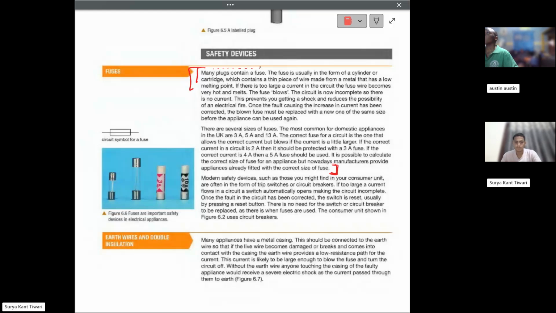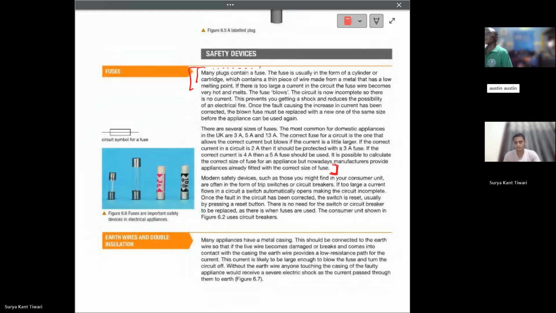If there is too large a current in a circuit, the fuse wire becomes very hot and melts. The fuse blows. The circuit is now incomplete, so there is no current. This prevents you getting a shock and reduces the possibility of an electric fire.